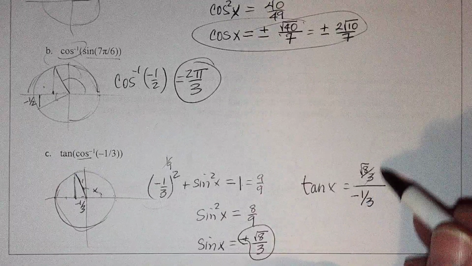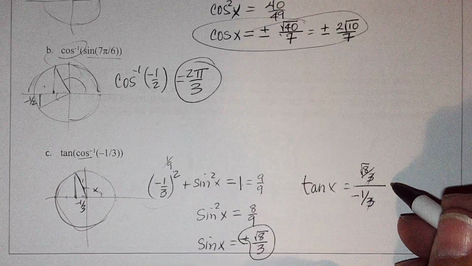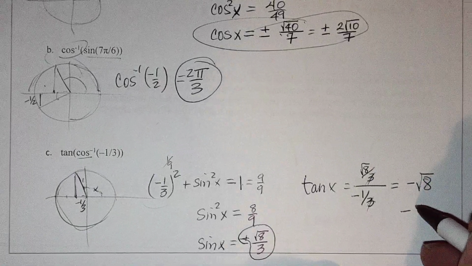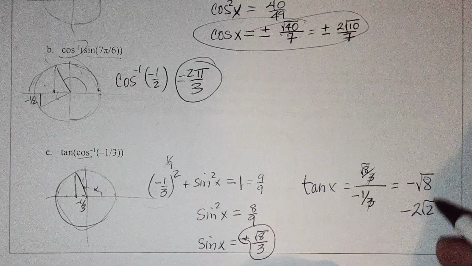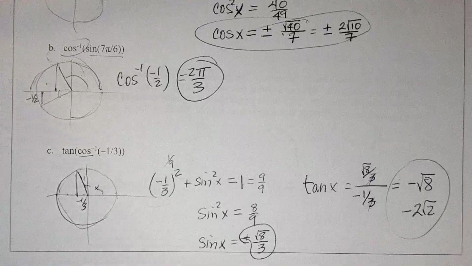Divide by 3, multiply numerator and denominator by 3 will cancel that out, and I get negative square root of 8 or -2 square roots of 2 if I simplify. Either one of those is a correct answer for C.